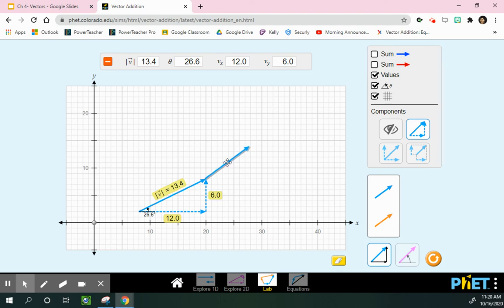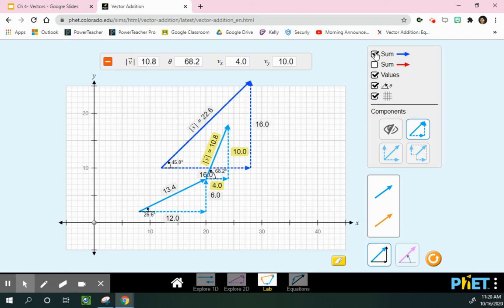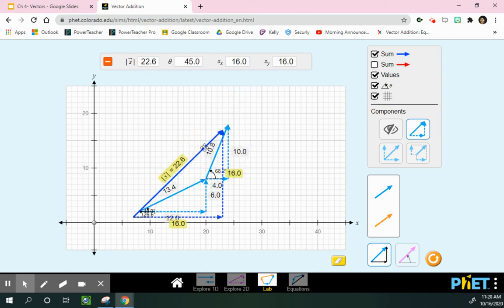So if I had two vectors tip to tail, so I put this one here, normally we've been finding this sum, this resultant, using our law of cosines, which we can still use to find that 22.6, the magnitude, but that won't give us the angle.